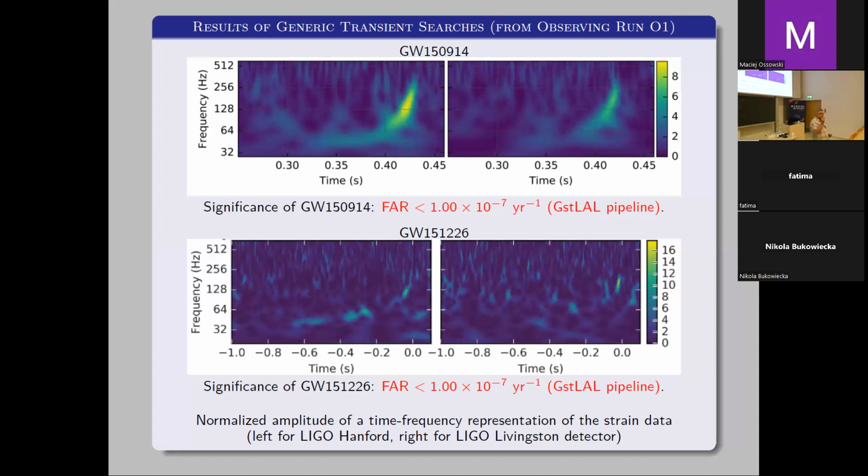The event lasts for some 0.1 second. And the false alarm rate for this second event is the same. So from the point of view of matched filtering searches, the significance of both events is comparable. And this is why we are using matched filtering searches.